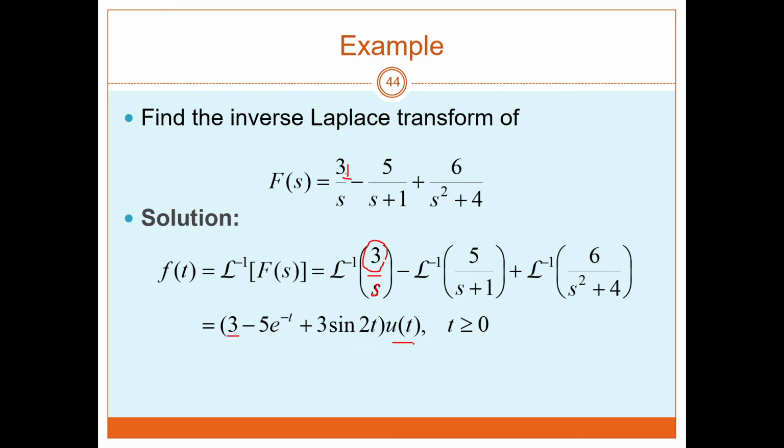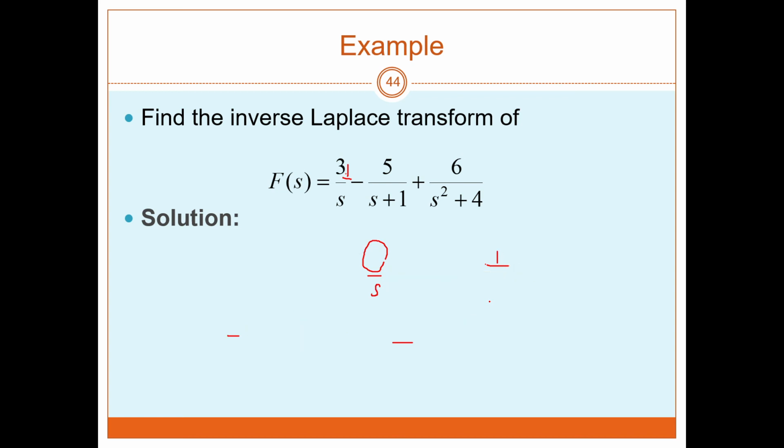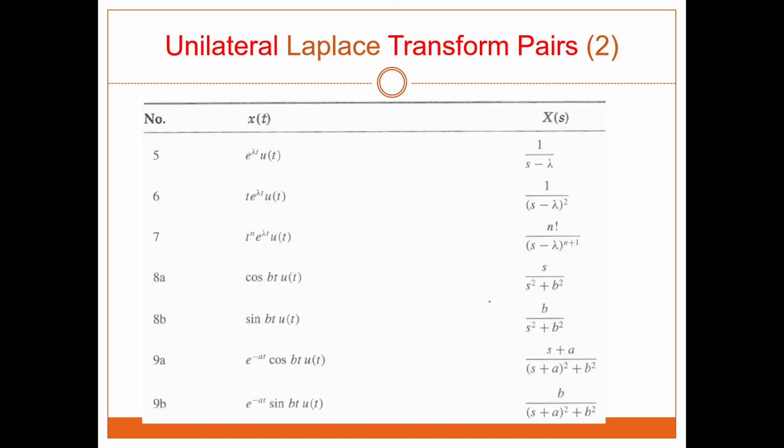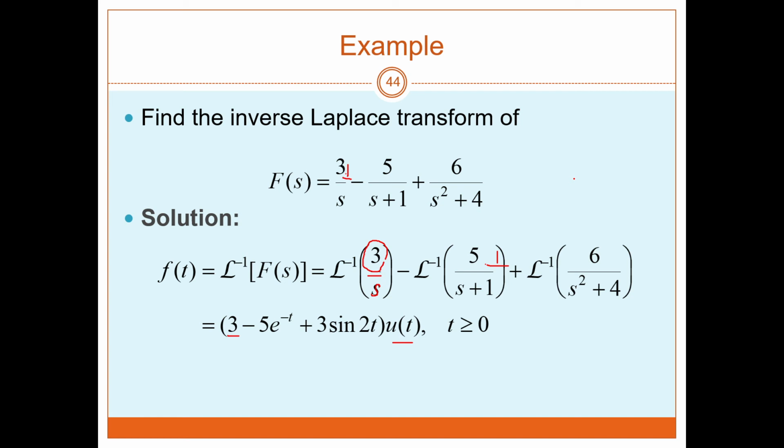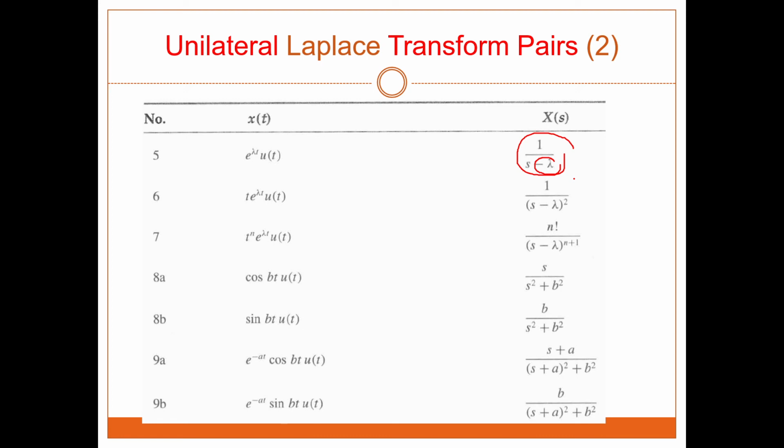The second one, we factor 5 outside as the constant. So it will be 1 over s plus 1. Here in the table we found 1 over s minus lambda, but here the plus 1 will become minus 1. So the equivalent function is e to the lambda t u(t).